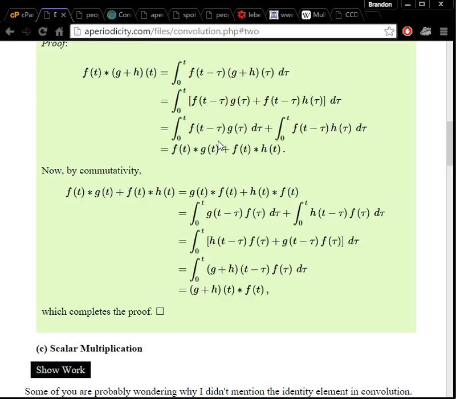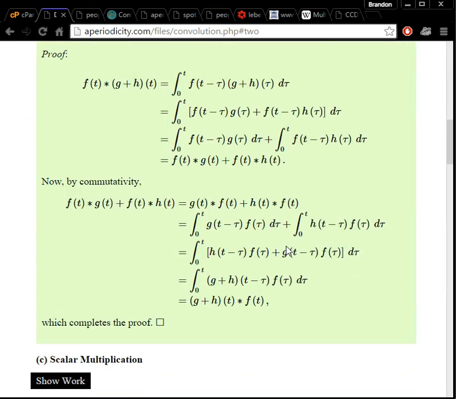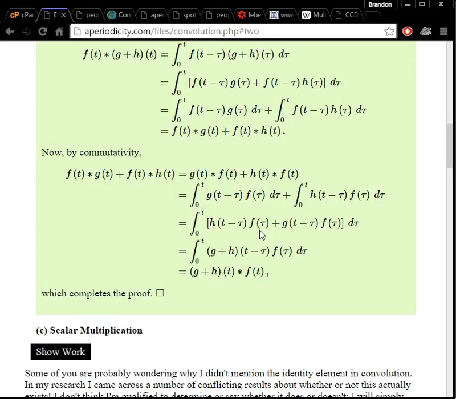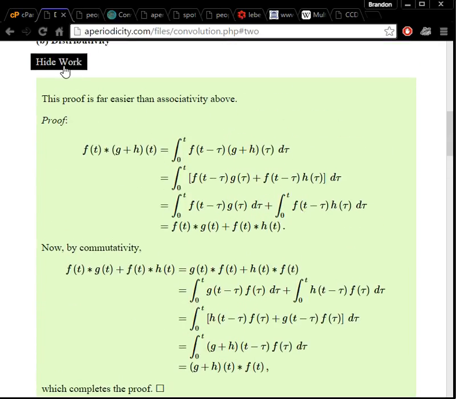We could just reverse f and g and f and h in this step, and then rewrite the integrals using the definition, and then pull the f out of both sides to the right, and then we get the sum of the functions convolved with f, because this integral is a convolution, and that completes that proof.